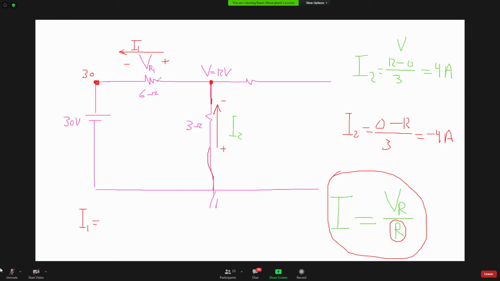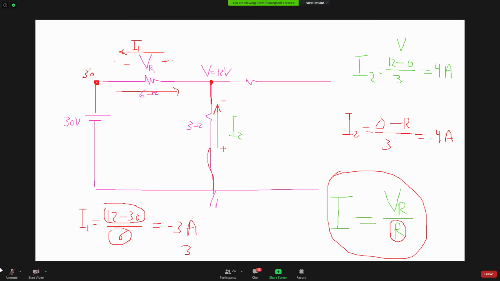It's the voltage across the resistor, which is 12 minus 30 because the current is going from the 12 to the 30. So it's 12 minus 30 divided by the resistance, which is 6. Voltage divided by the resistance gives me the current. In this case, it is minus 3 ampere.